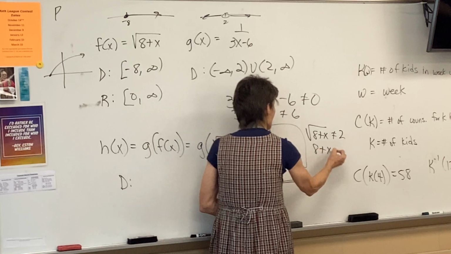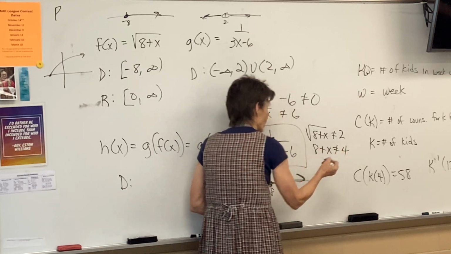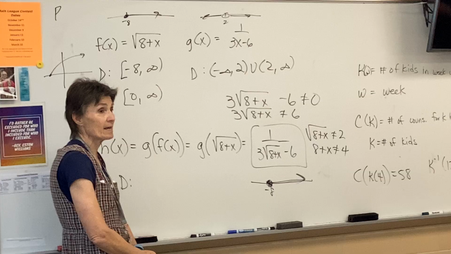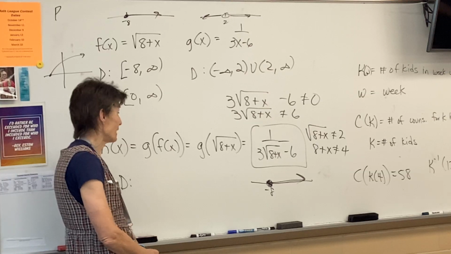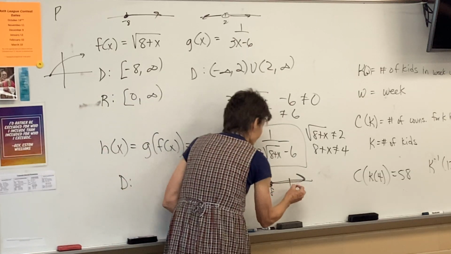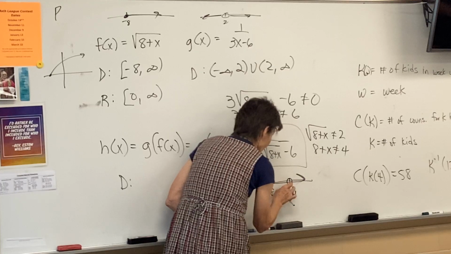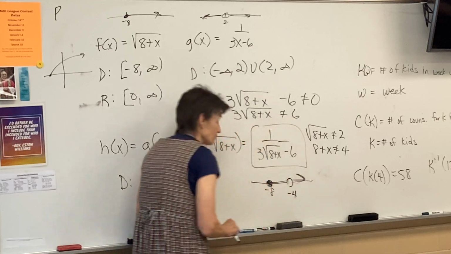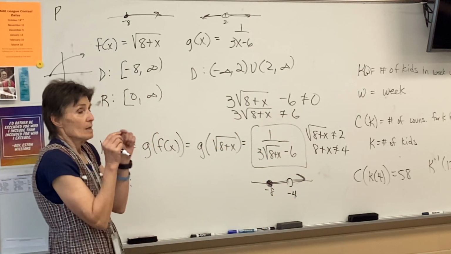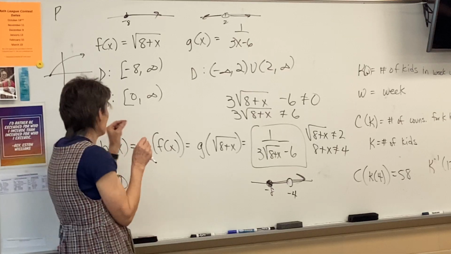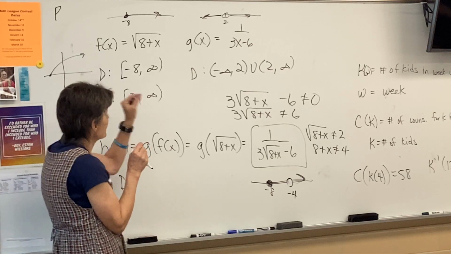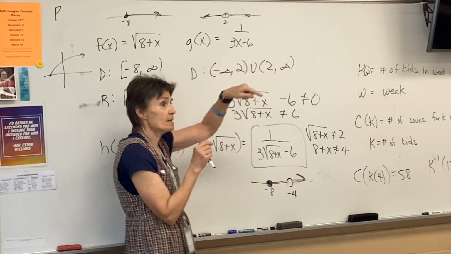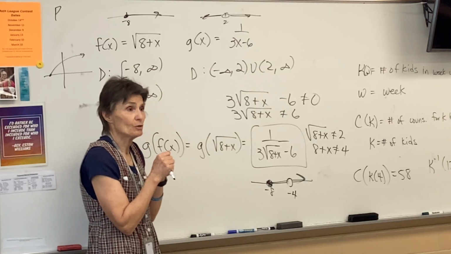So 8 plus x cannot equal 4, which means x can't be -4. So we have a gap in our picture at -4. Now, you might be wondering, well, wait a minute, Mrs. Ford, in function G, x couldn't be 2.